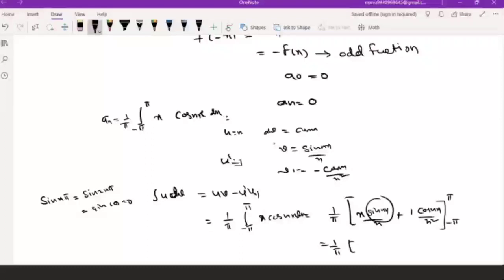The sin n pi values are 0. That's why I am directly writing 0 plus the second half: cos n pi by n square minus cos of minus n pi by n square.